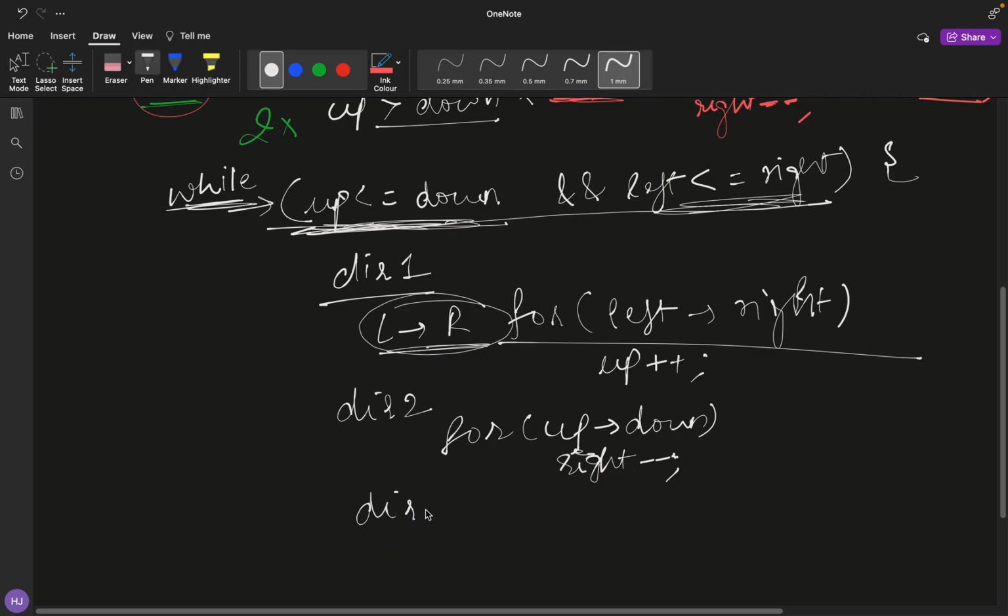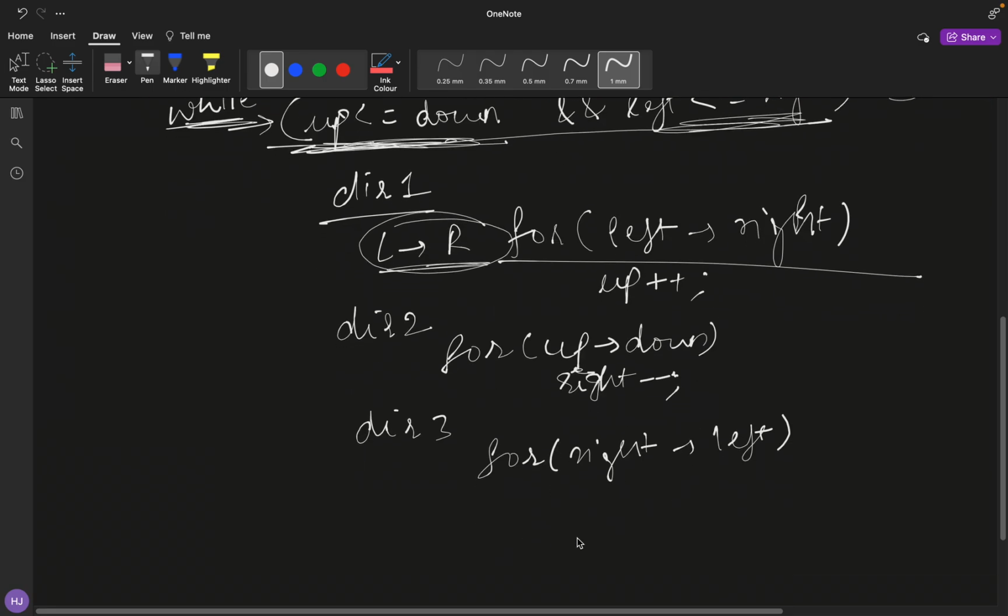Now whenever I am in direction number 3, I'll simply move from right to left, and after making this traversal, I will simply decrement my down. I'll move this down direction upwards in the matrix.